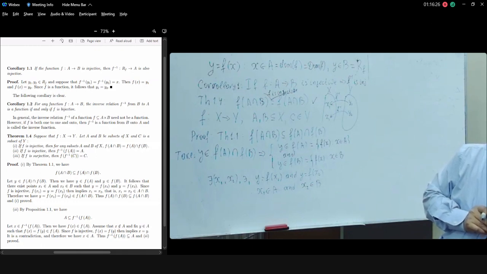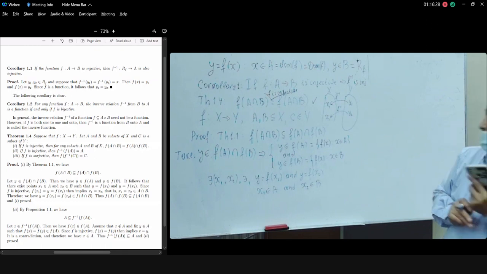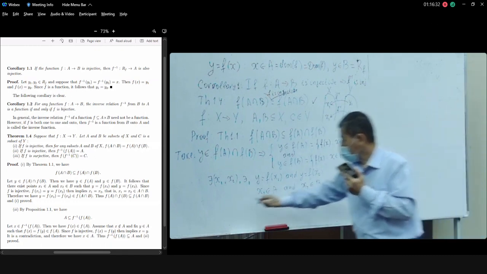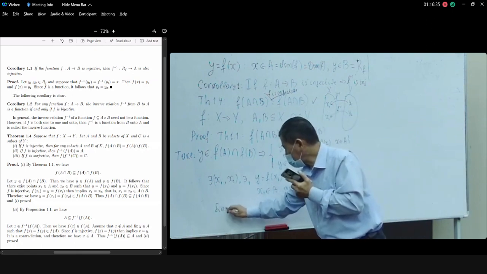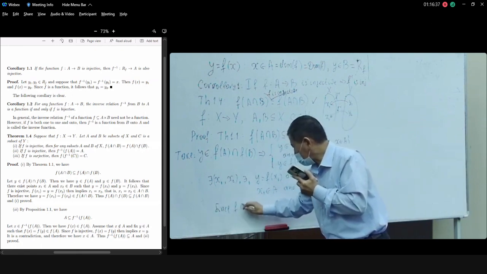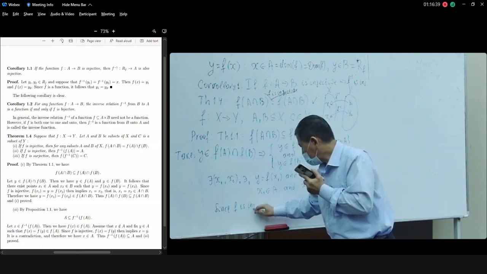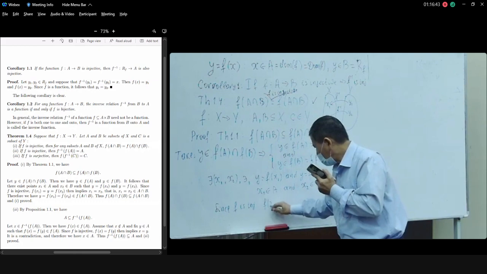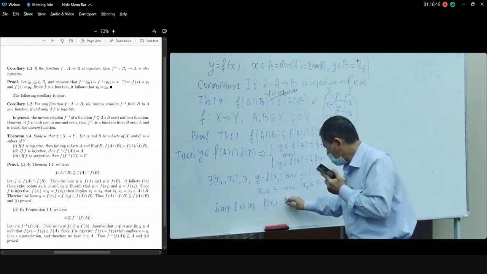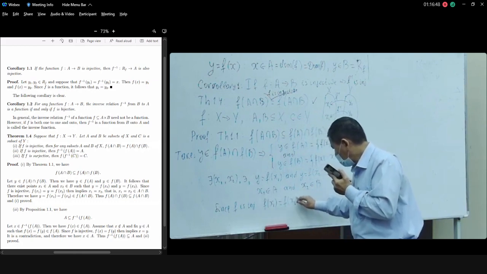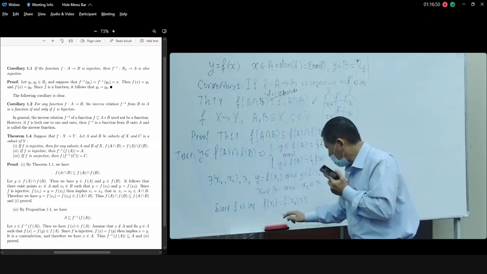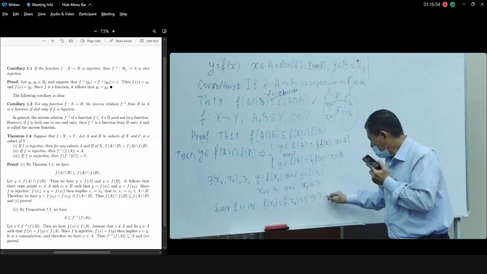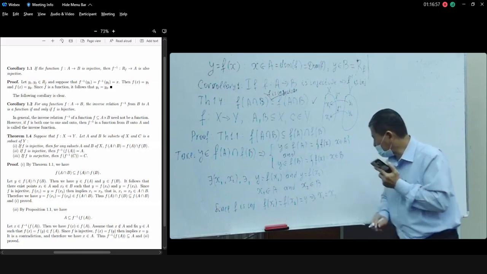Now since f is injective, please pay attention. Since f is injective, f of x1 equals f of x2, which is y, implies x1 equals x2.